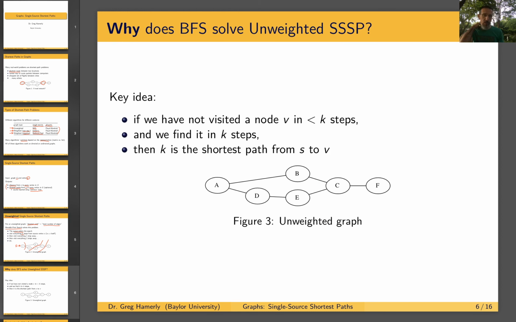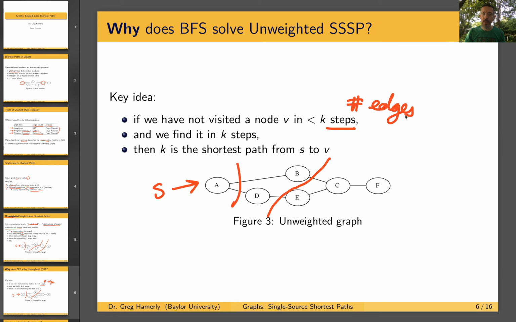Now, we should tackle the question, and this is an important concept: why does this work to find the shortest paths? In other words, in that search that we just did, why does the queue ordering allow us to find the shortest paths? Well, again, if this is our source, A, here's the general idea. When we say steps, we mean number of edges.